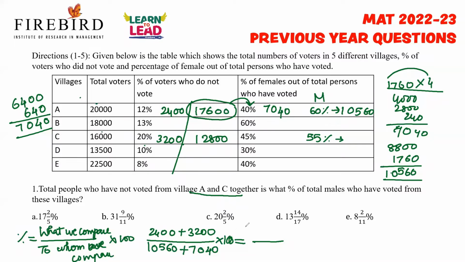So 5,600 divided by 17,600 into 100. So 0 and 0 will get cancelled. I can cancel 56 and 176 in terms of 8 table.